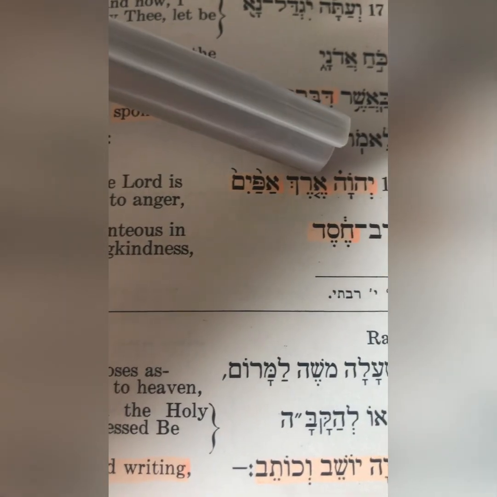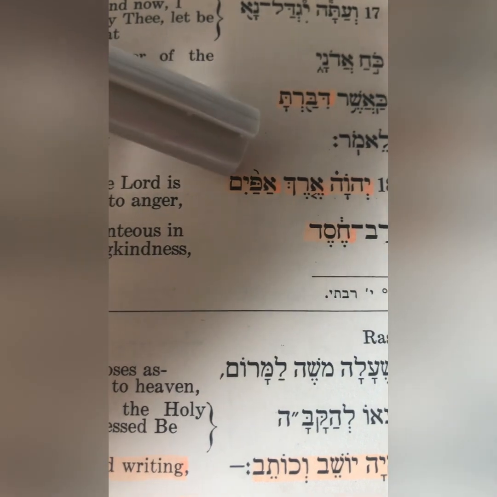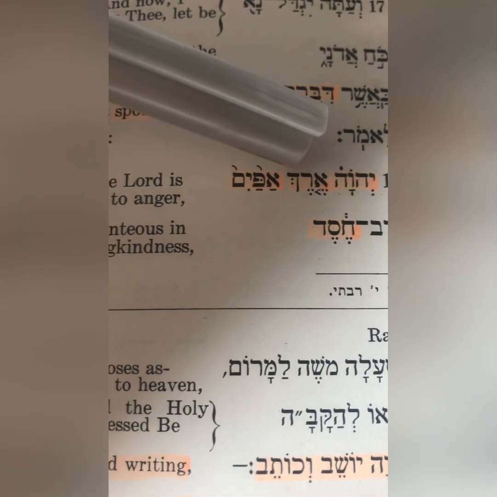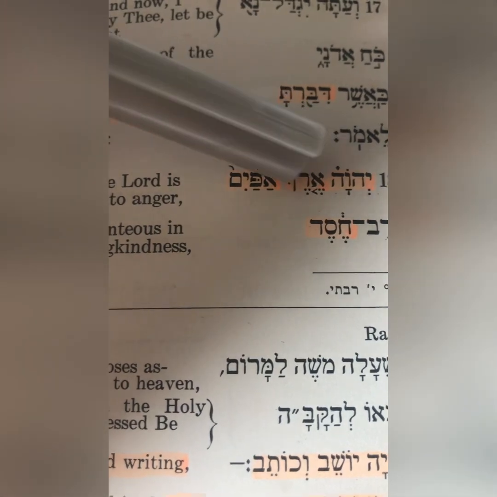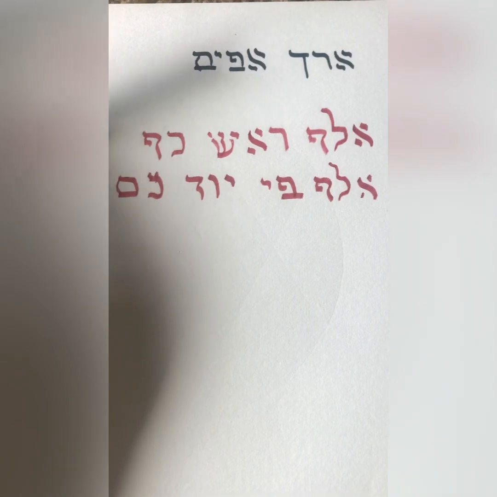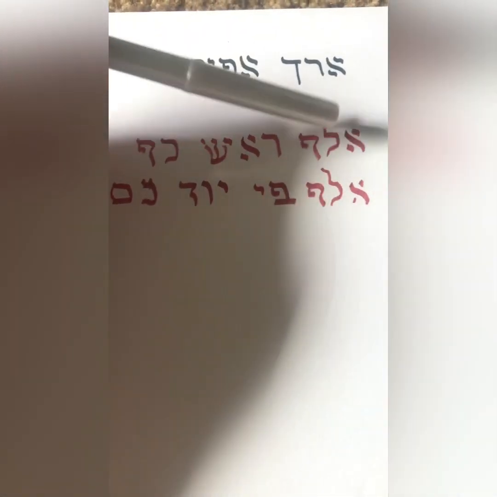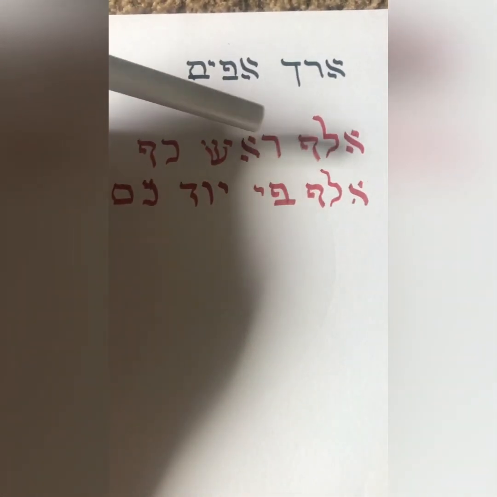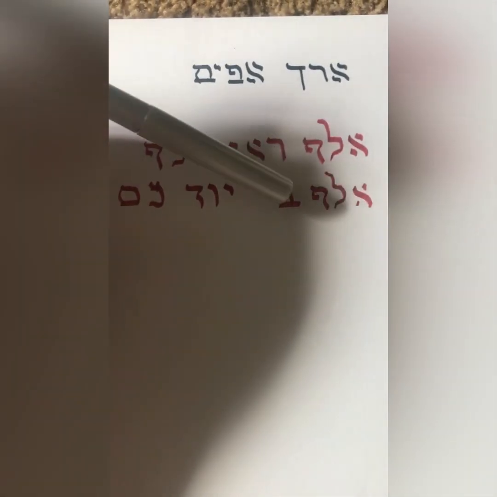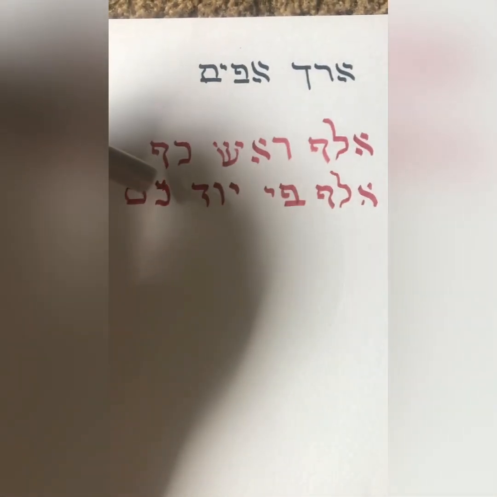And the difference between 370 and 352 is 18. And 18 is the exact amount of letters in its expansion, like this. And we see its expansion is Aleph Lamed Fe, Resh Aleph Shin, Kof Fe, Aleph Lamed Fe, Fe Yod, Yod Vav Dalet, Mem and Mem.